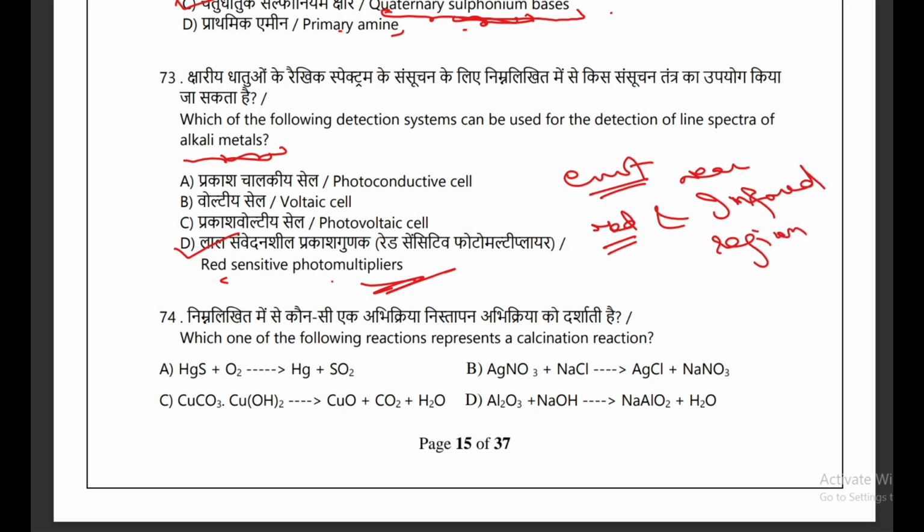Okay, and red sensitive photomultipliers are designed to be highly responsive in these wavelengths. So red sensitive photomultipliers are the correct option in this question. Okay, so D is your answer.